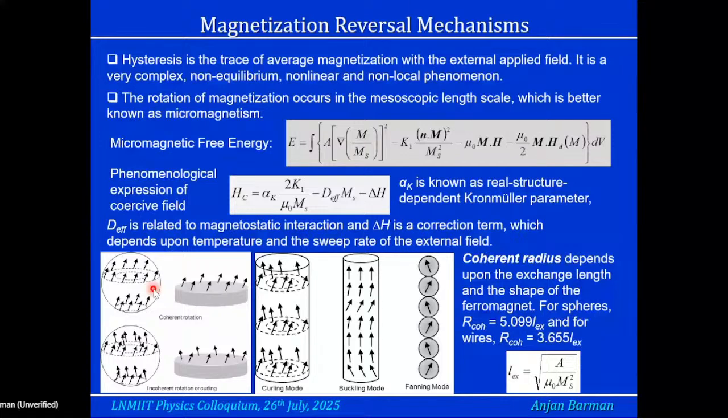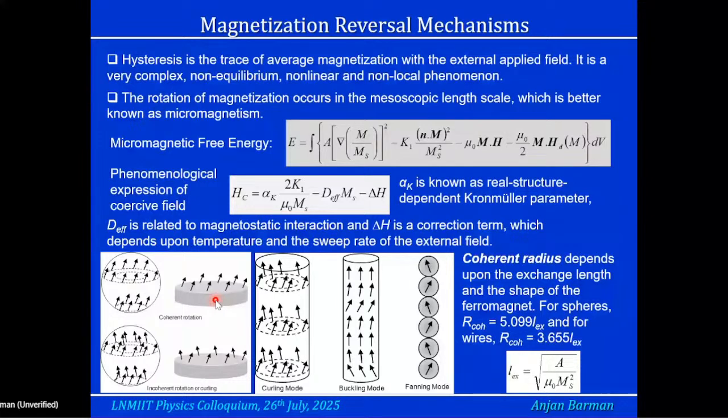The spin has to cross that barrier from up to down, so the overall energy required is that you have to supply the full energy barrier, and then all the spins go from up to down in unison. This is called coherent rotation or coherent reversal.